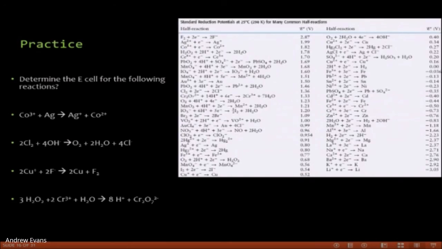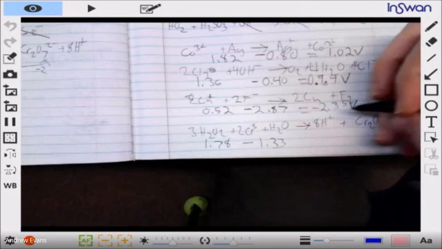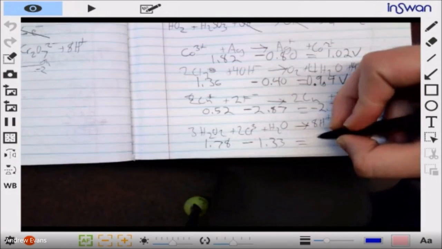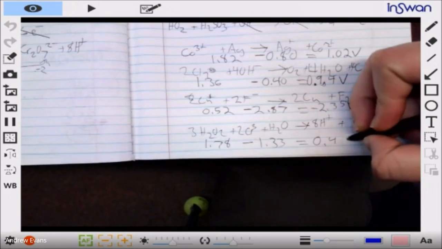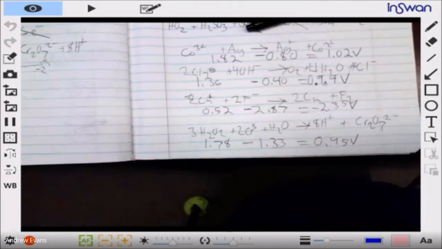Sometimes one half reaction helps cancel out the other half reaction and makes it a little harder to find. So this last one, 1.78 minus 1.33, means our voltage is 0.45 volts. But we're literally just taking the two numbers and subtracting them. If I have a negative value, I would subtract a negative, which is the same as adding a positive.